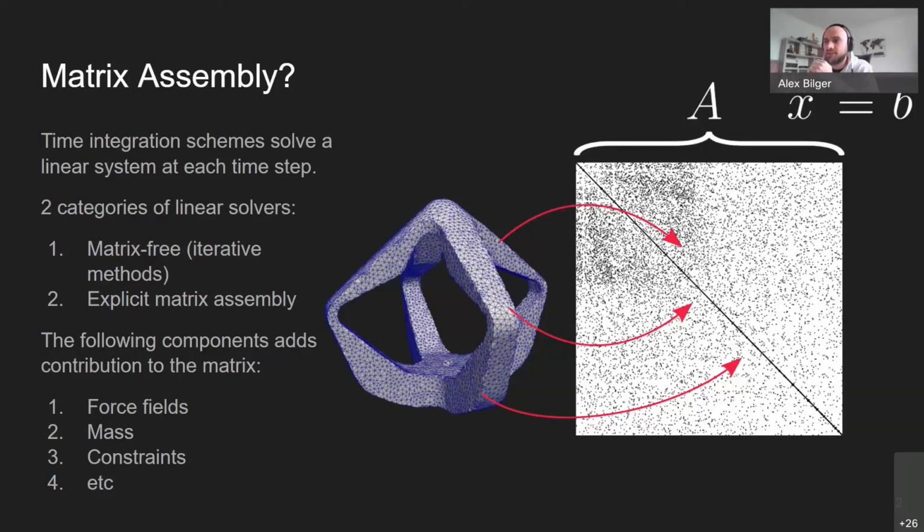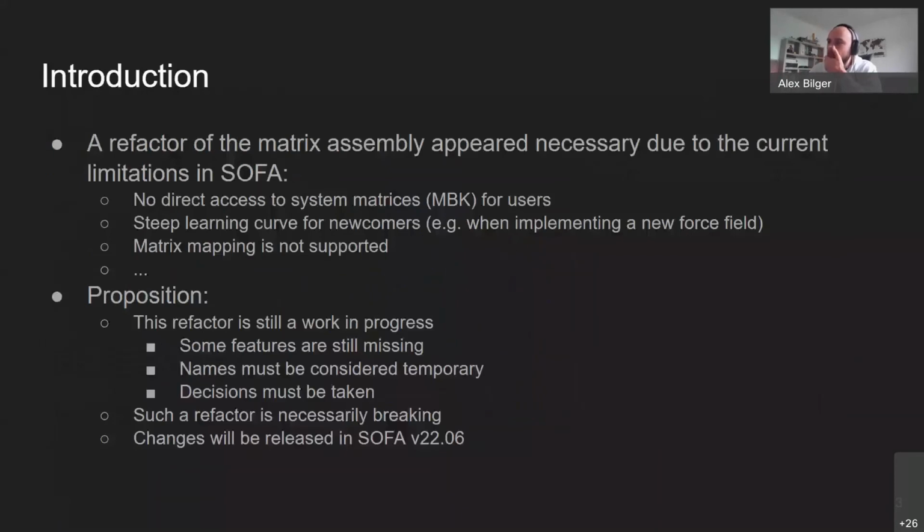Here we explicitly build the matrix or something that stores a matrix-like data structure. In this matrix, basically, some components contribute to add values. Such components are the force field, the mass, and the constraints, etc. This is the matrix assembly introduction.